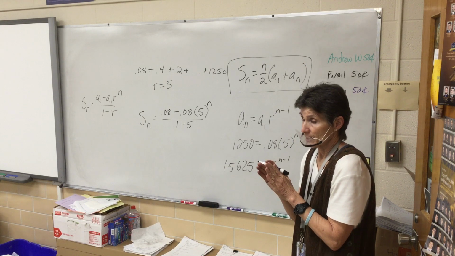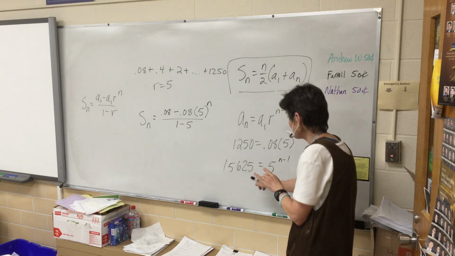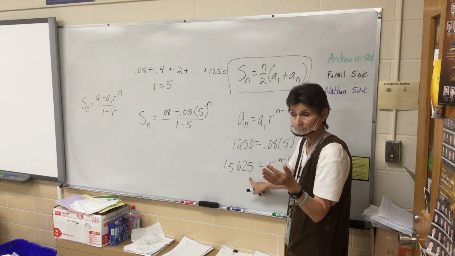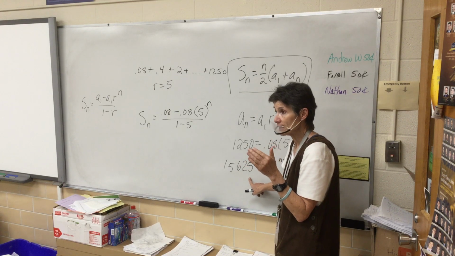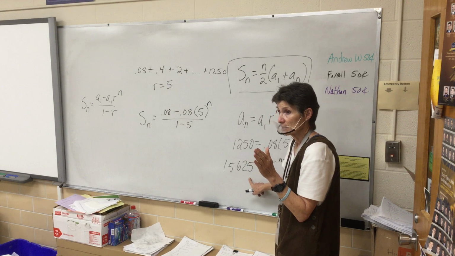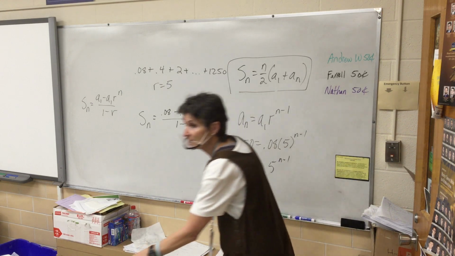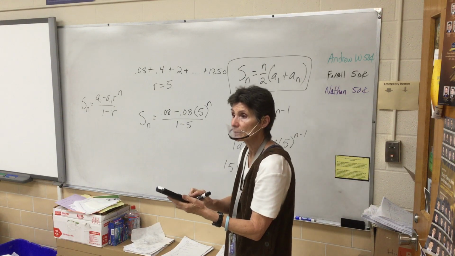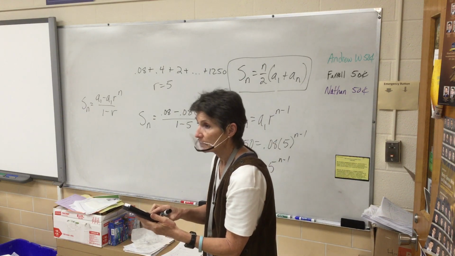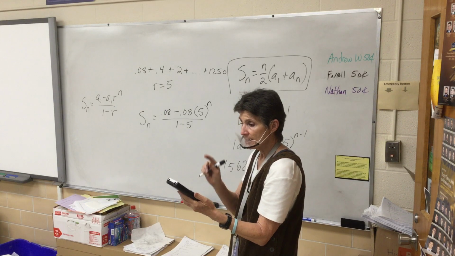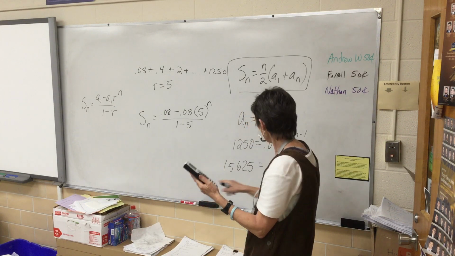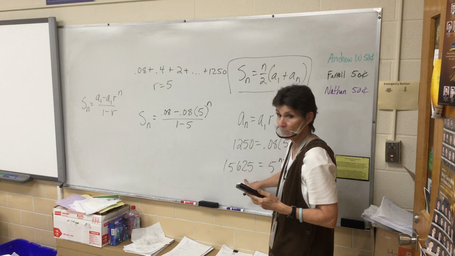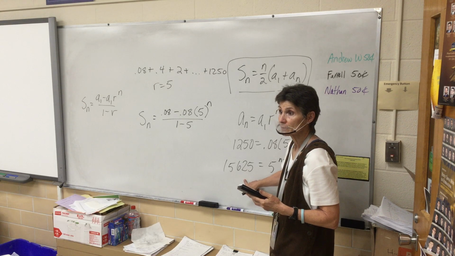Now, this number right here is 5 to the something. I have no idea what. So somebody take a guess. 5 to what power do you think? Take a guess. 4. 5 to the 4th, okay? Now 5 to the 4th is only 625. So I need a number bigger than 4, right? 14.